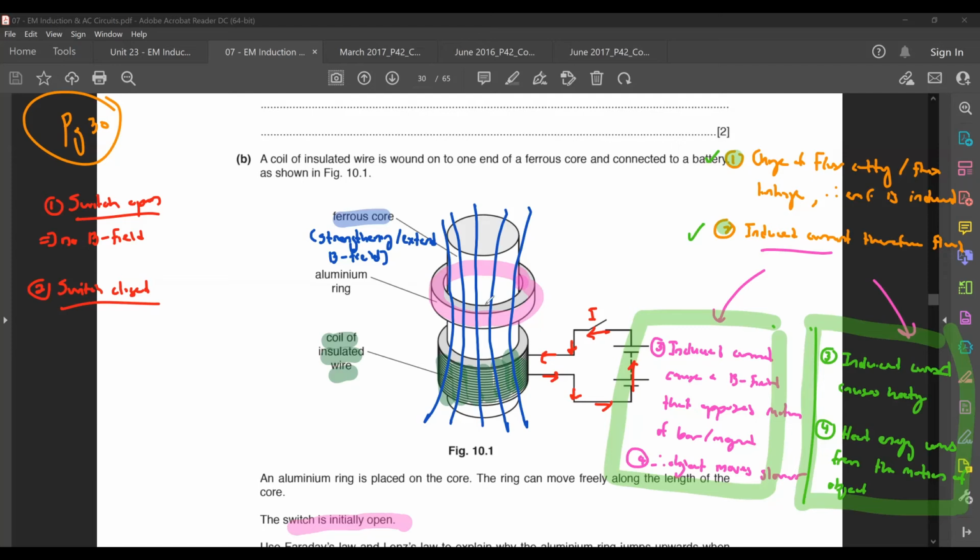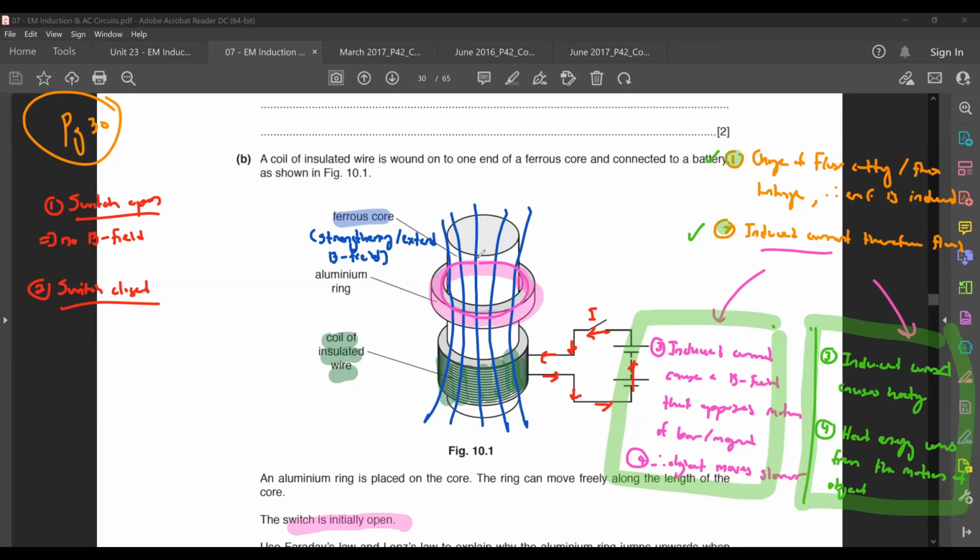So once it's strengthening or extending the magnetic field, you notice that for your aluminum ring, there's now a change in magnetic flux through it. You can just think of it as a change in magnetic flux linkage also, if you want.